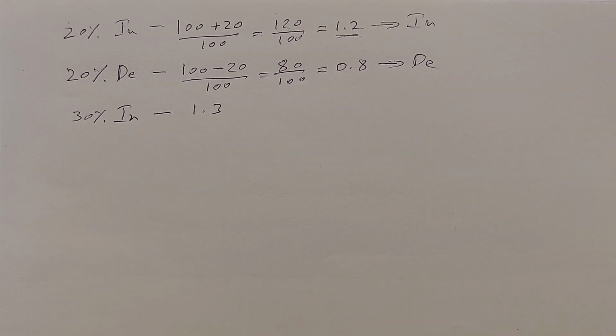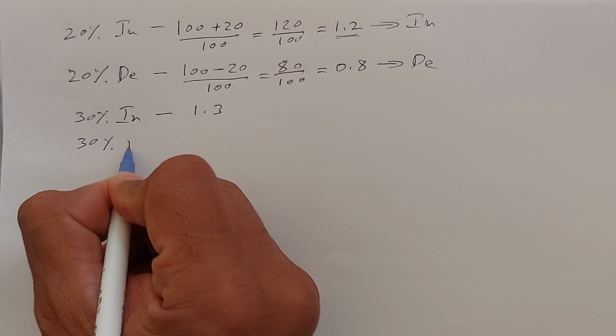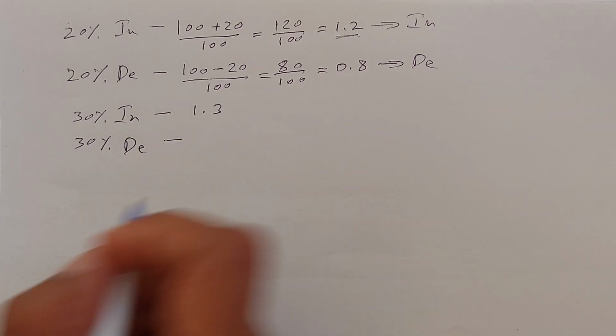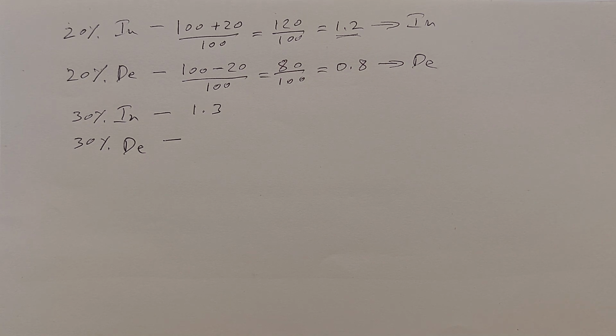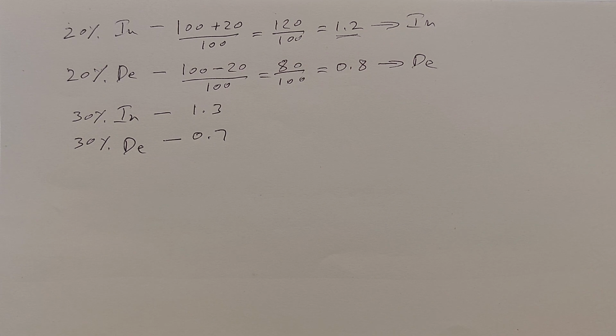That's it. 1.3 means that's an increase. Same if you work out the 30% decrease multiplier. 30% decrease means 100 minus 30, which is 70, so 0.7. Easy multiply, easy logic.